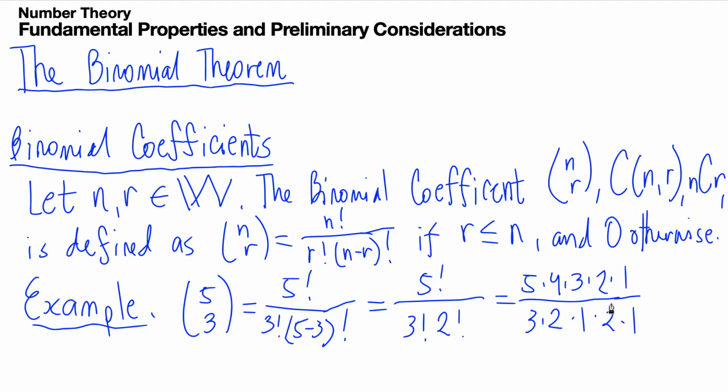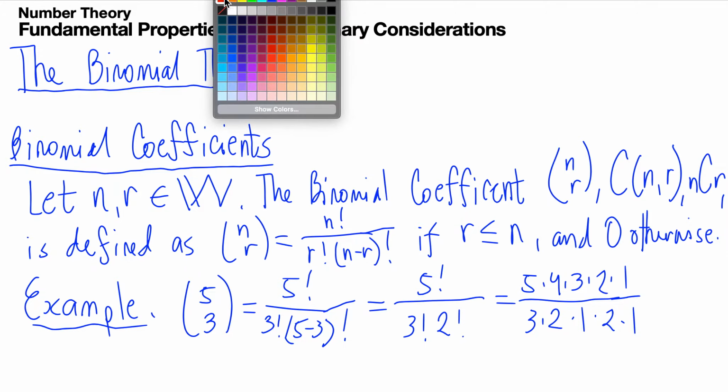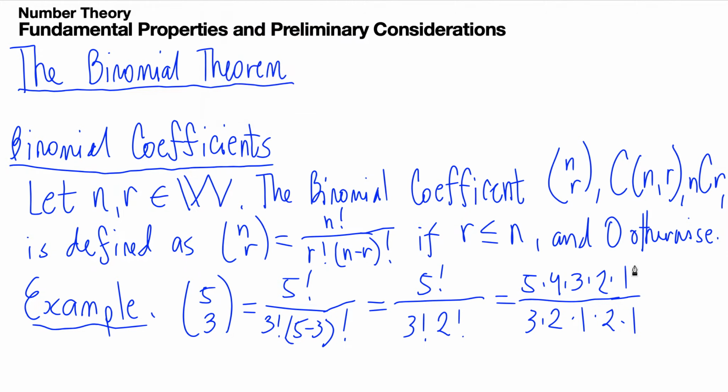Then we can do some cancellation: we can cancel the 3, 2, 1 factor, and we can also cancel the 2 against the 4, which becomes 2. Clearly the answer is 5 times 2 divided by 1, which is 10.